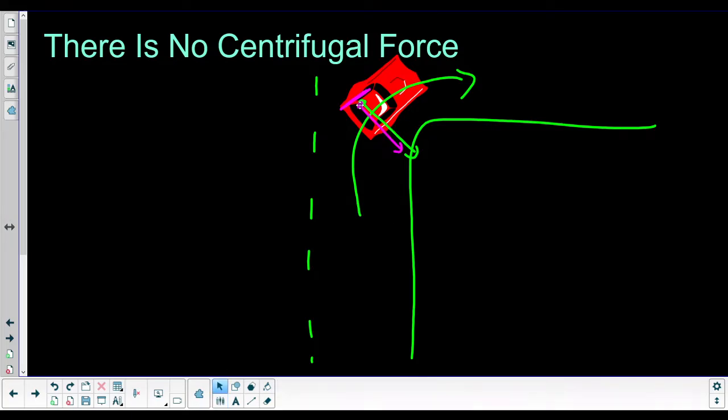And then you start going that way, right? So then the car door turns a little bit more, and now it pushes you that way, right? And the car has turned a little bit more, like this. Crazy, isn't it? So there is no centrifugal force. There's no force pushing you into the car door.